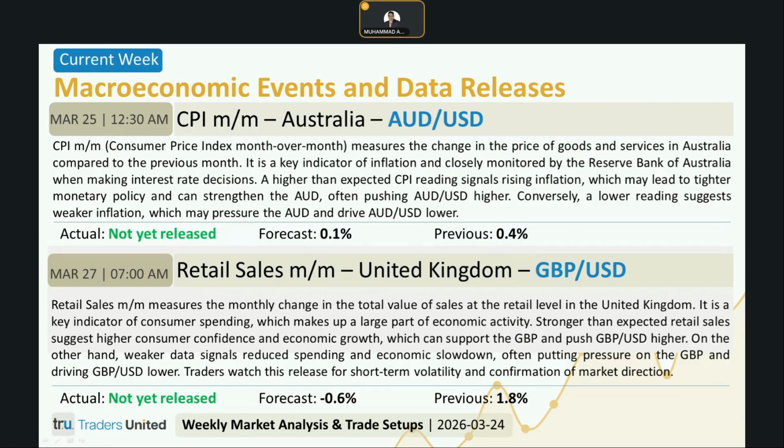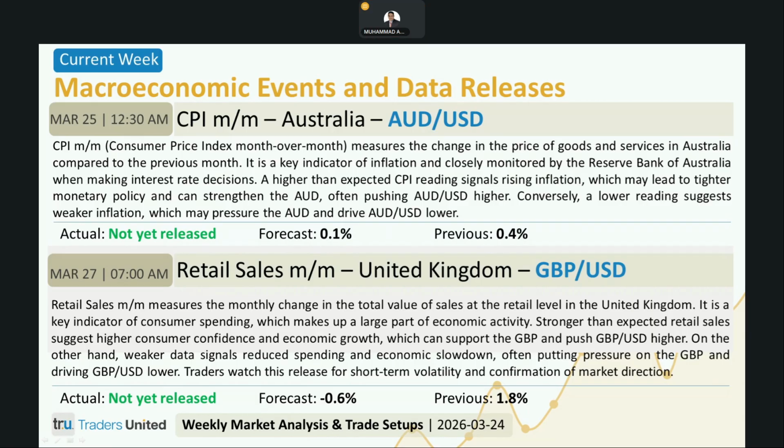Forex traders will closely watch whether the actual data matches or deviates from the forecast. A lower inflation trend may reduce expectations of aggressive rate hikes from the Reserve Bank of Australia. At the same time, any surprise in the financial news data could quickly shift market sentiment and trigger strong movement inside the AUD USD currency pair.